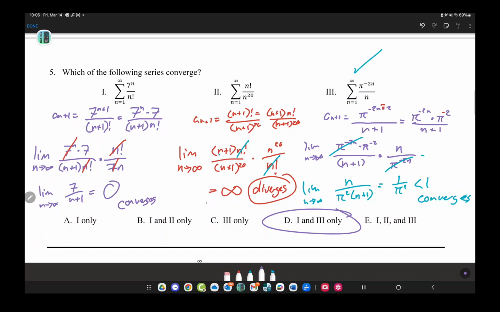Well, we know it's not A. How do we know it's not A? Because he just told us the limit of a of n plus 1 over a of n is equal to 6.